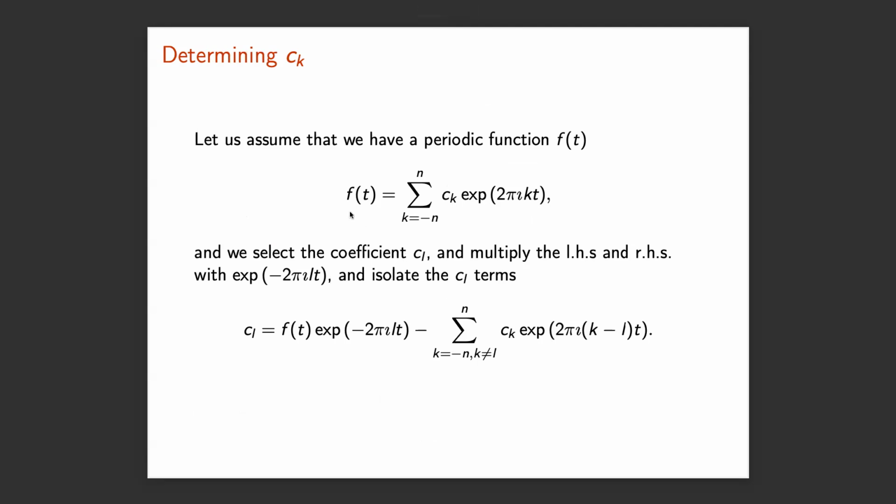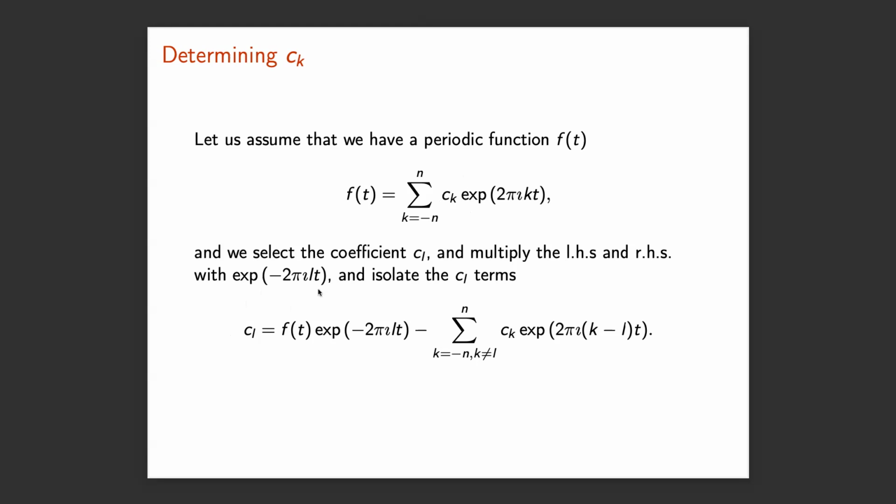So if we now have a periodic function, we could make this assumption here. And the question then is, how do we find this coefficient C? The typical trick is to multiply the left-hand side and the right-hand side with a factor like this, and then isolate the term with CL.